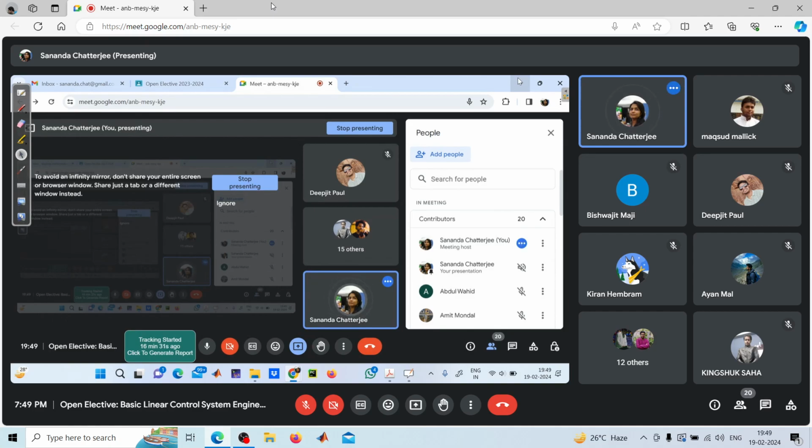Any method which is related to this black box model? Can anybody suggest? Nowadays everybody is working with data, na?